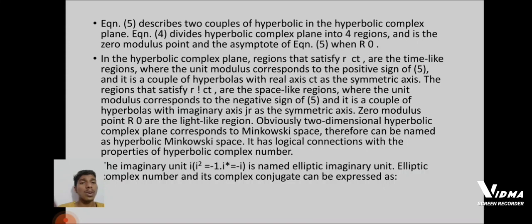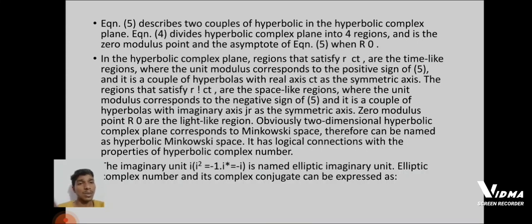Zero modulus points, r not, are the light-like region. Obviously the two-dimensional hyperbolic complex plane corresponds to Minkowski space, and therefore can be named hyperbolic Minkowski space. It has logical connections with the properties of hyperbolic complex numbers.